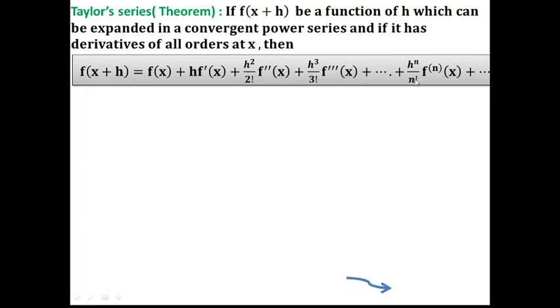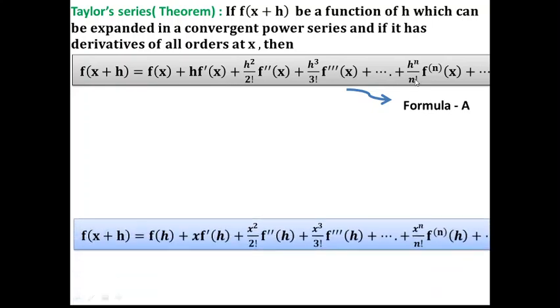This is called a Taylor series expansion of the function in powers of h. We call this formula A.